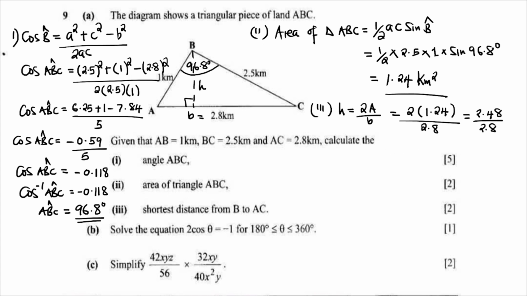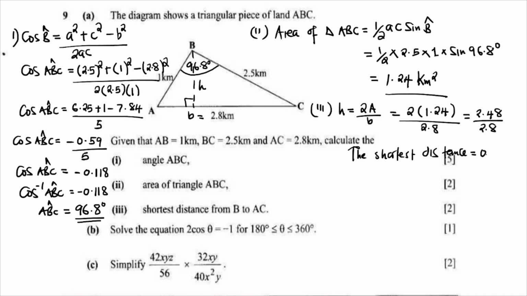So therefore, the shortest distance will be equal to 2.48 divided by 2.8.